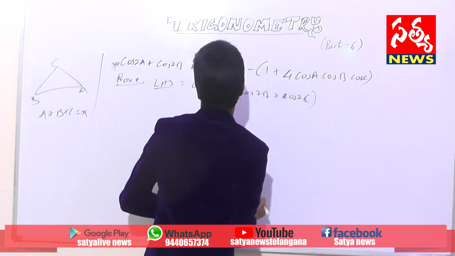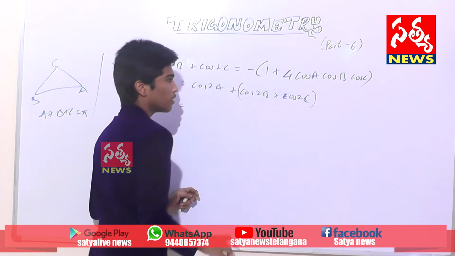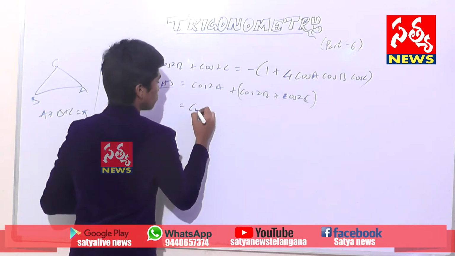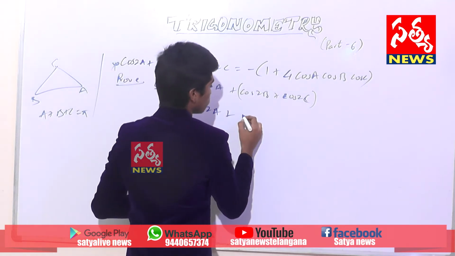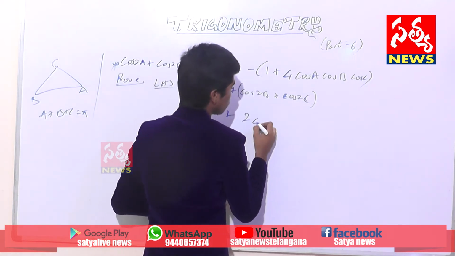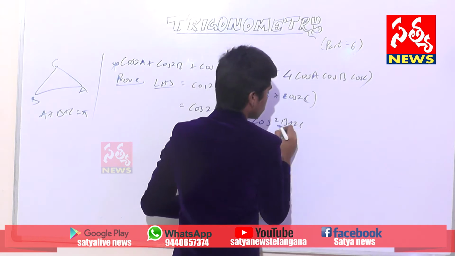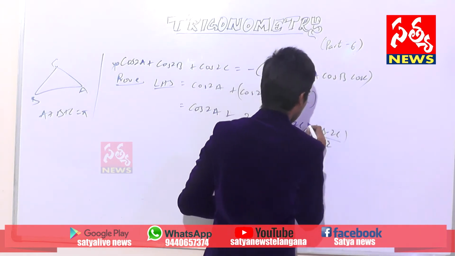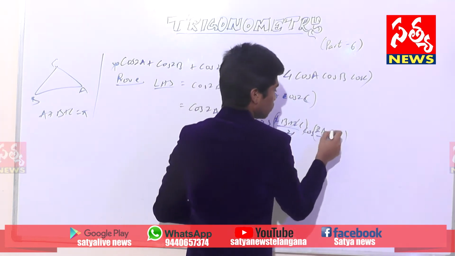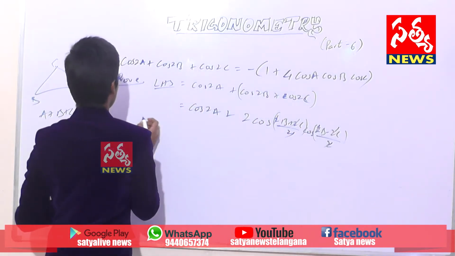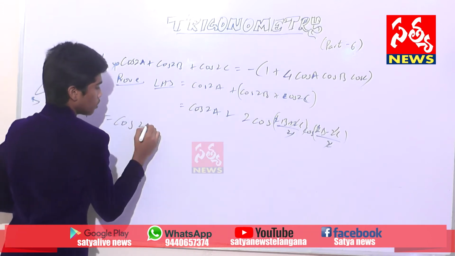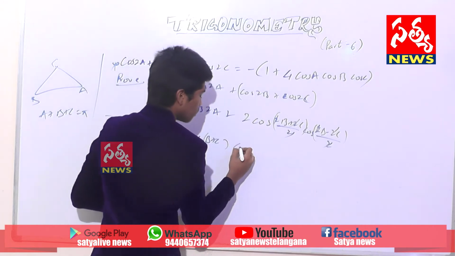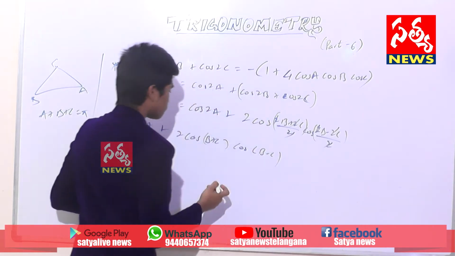I am taking these two in a bracket. Same as we did in the sine, same here as cos C plus cos D. Cos C plus cos D is equal to 2 cos of (C plus D) by 2 into cos of (C minus D) by 2. 2 gets cancelled. We get cos 2A plus 2 cos(B plus C) into cos(B minus C).